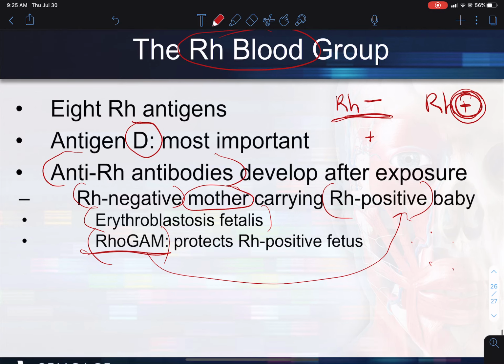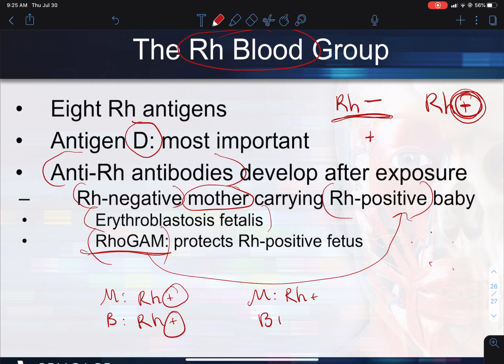But if mom is Rh positive and baby is Rh positive, then you're fine, right? Because mom is already exposed to the antigen, baby's making antigen, so all is well. It's totally fine. If mom was Rh positive and baby was Rh negative, you would also be fine because baby's immune system hasn't really quite developed yet.